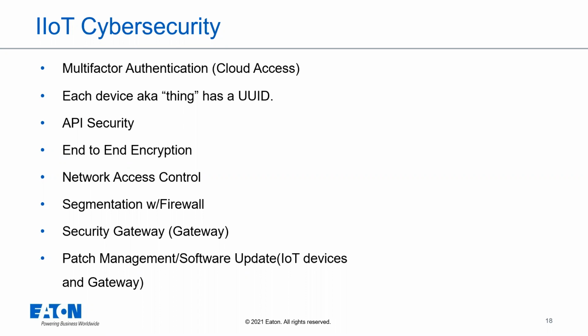In some applications, there's also that with TCP, where you can run that and see what IP addresses are on a network. Well, it's best to turn that off. If you're going to adopt IoT, it's best to turn that off.